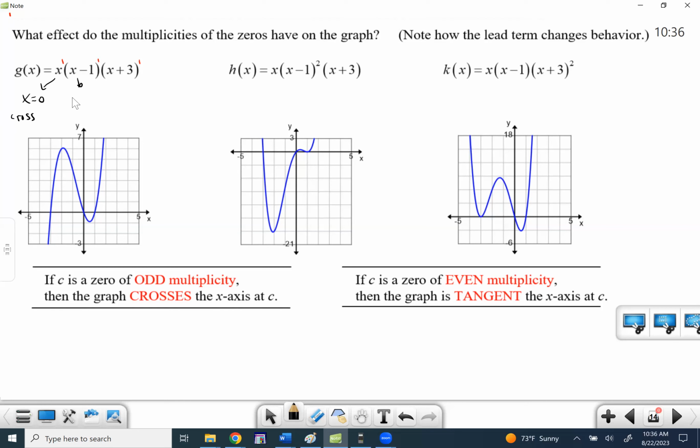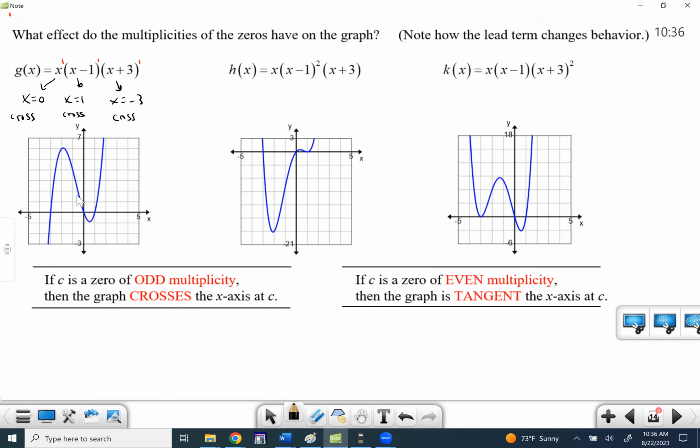If we set this one equal to 0, we'll get +1. That would also be a cross because of its exponent. And then this one would be x equals -3, which would also be a cross.